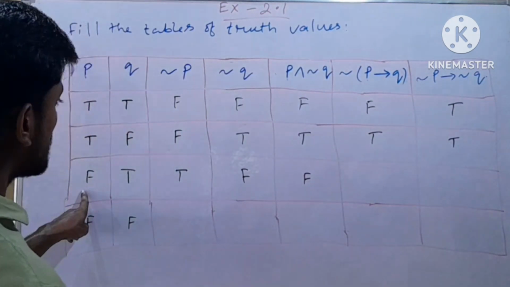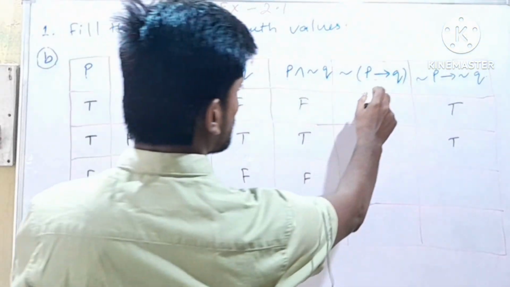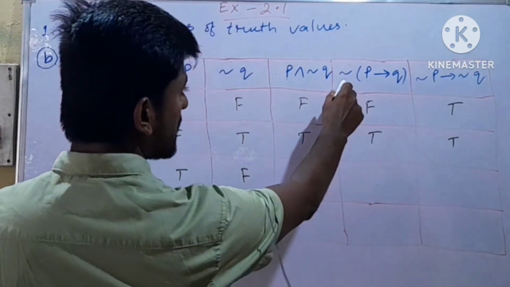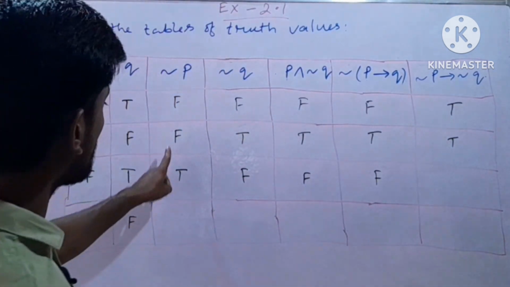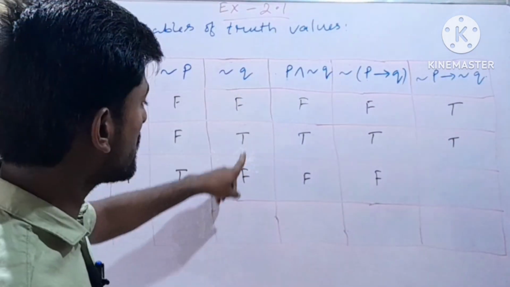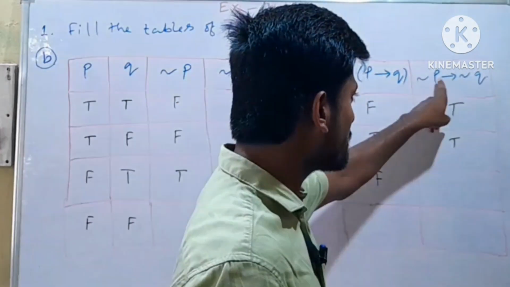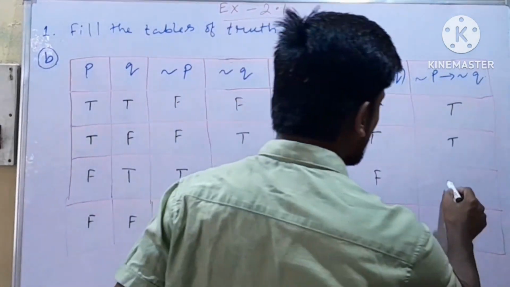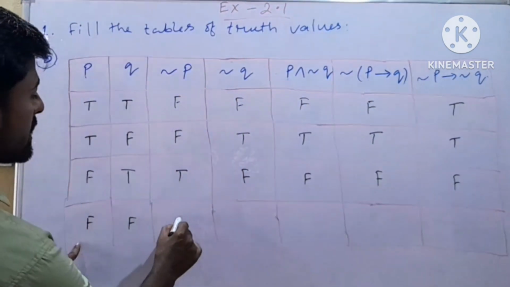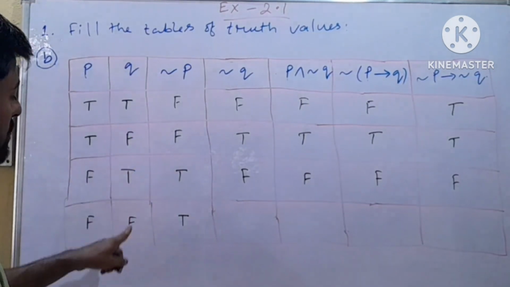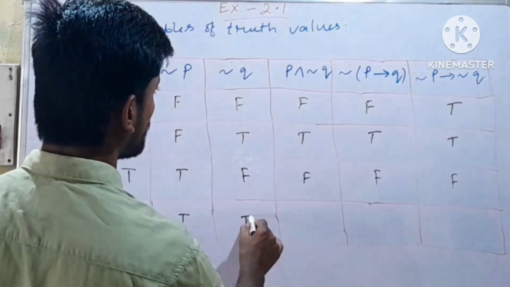P false, Q is true, P conditional Q will be true, but negation of P conditional Q is false. Negation of P true, negation of Q is false, so negation of P conditional negation of Q will be false. P false negation of P will be true, Q is false negation of Q will be true.